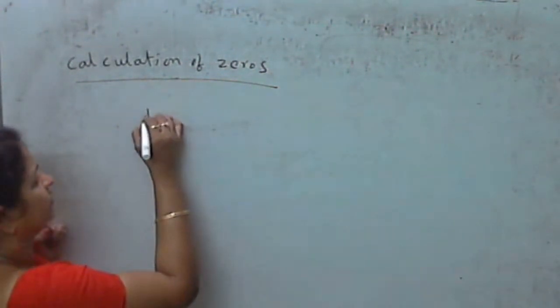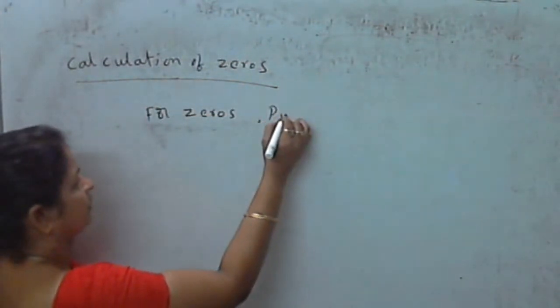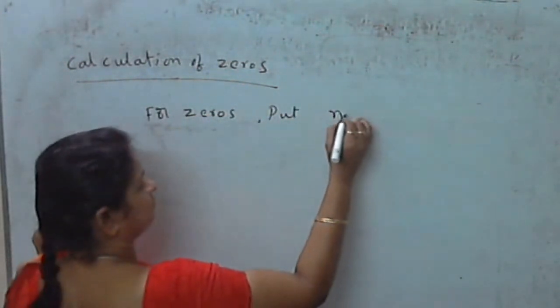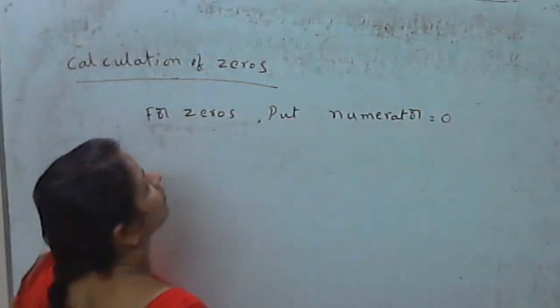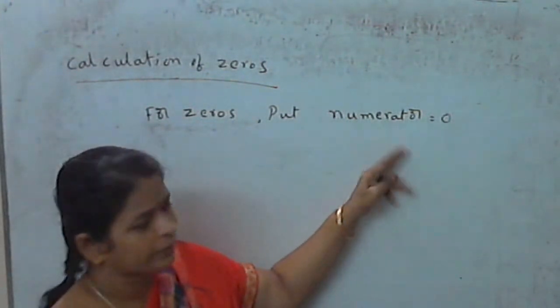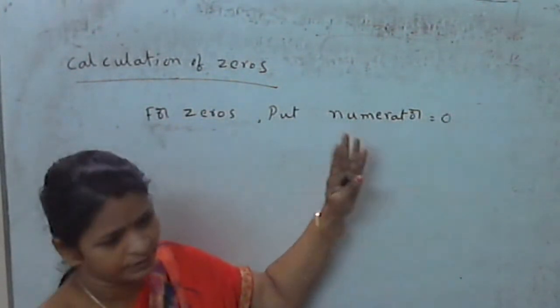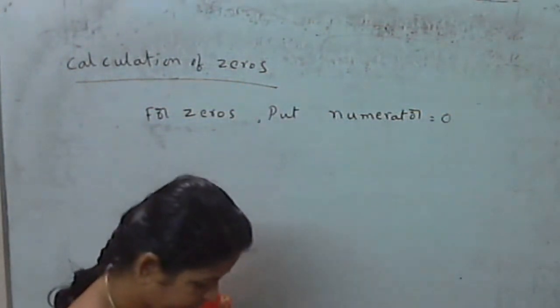For zeros, put the numerator equal to 0. In the given function f(z), put the numerator equal to 0, then you will get some z values. Those are the zeros of the function.